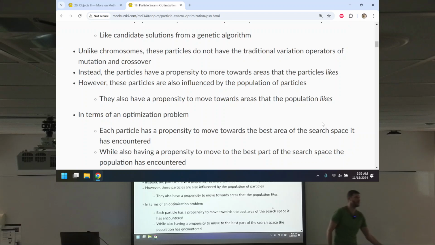Unlike chromosomes, these particles do not make use of the typical variation operators. The algorithm doesn't have a crossover. It doesn't have a mutation. But it has something that is effectively those things. An aside to this: if you think long and hard about PSO, you're going to come to the conclusion that it's basically a genetic algorithm, though.